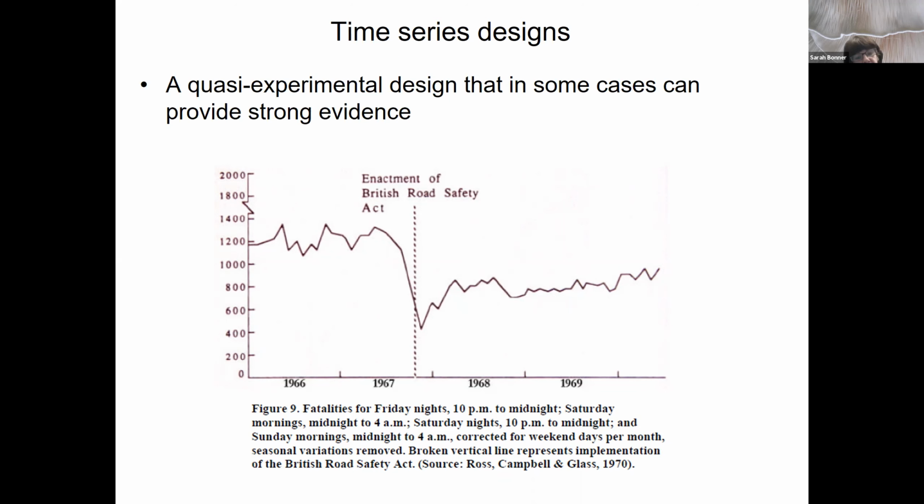Now, what you'll notice about this is that after the enactment, fatalities start to climb back up. They never climb up to their level at baseline, but they climb up, which means that people perhaps get accustomed to the act and start to figure out ways around it.